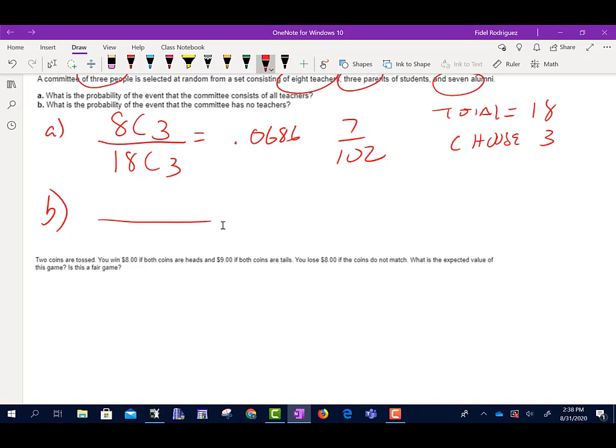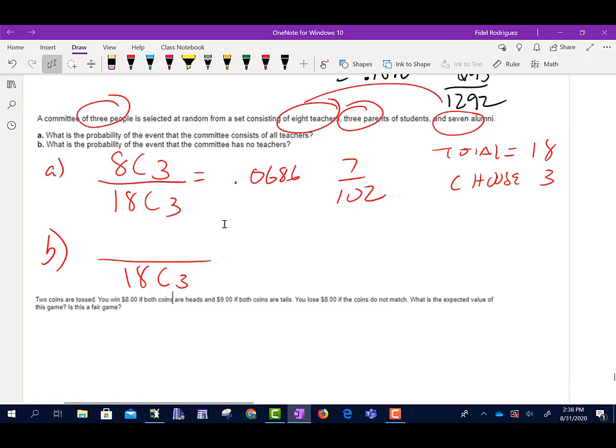Let's do part B. It says, what's the probability of the event that the committee consists of no teachers? So I'm still going to do 18 choose 3 for my denominator. If we don't want to have any teachers, that means we're going to choose from the parents or the alumni. We're going to choose from that group of 10.